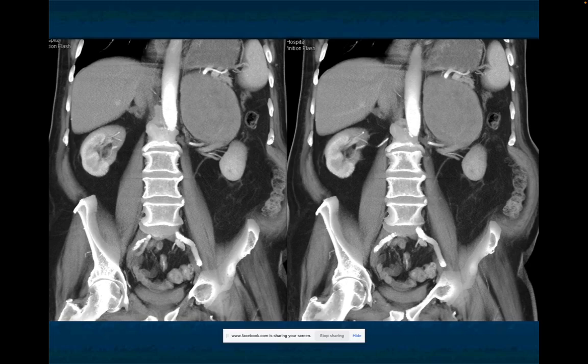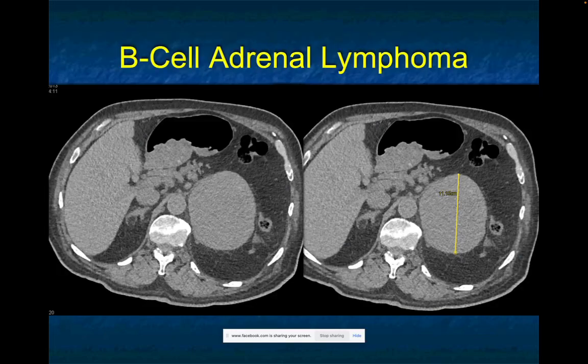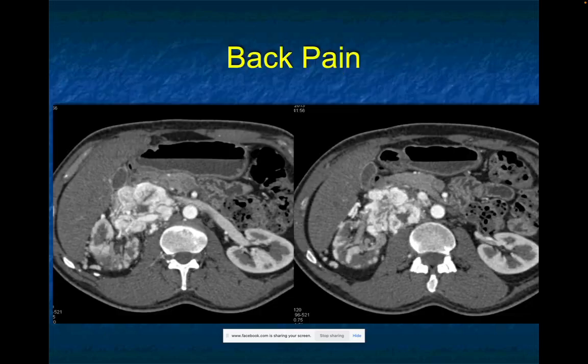Other things I would consider in the differential, I've shown a few cases of large adrenal adenomas perhaps that are atypical. You can, but I don't like that. An old hematoma, usually you have some changes in enhancement, kind of calcification. So it's really a tough call. But this was lymphoma, okay? B-cell lymphoma. Again, a really great diagnosis.